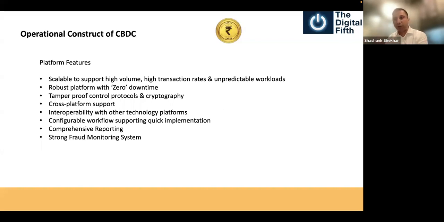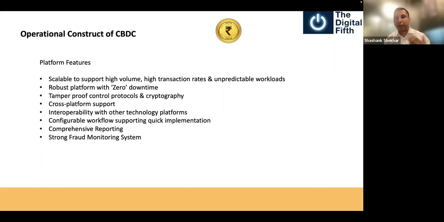That's always been one of the key concerns of the CBDC launch, making sure the security is embedded into the whole process. Interoperability and cross-platform support is also critically being looked at, that is, how transactions can be supported with the CBDC and the UPI, for example, and how interoperability will facilitate that. That's also one of the three principles getting linked. And what are the workflow, reporting structure, and fraud monitoring?